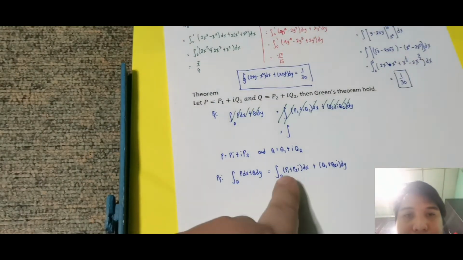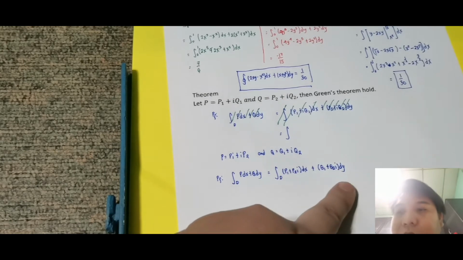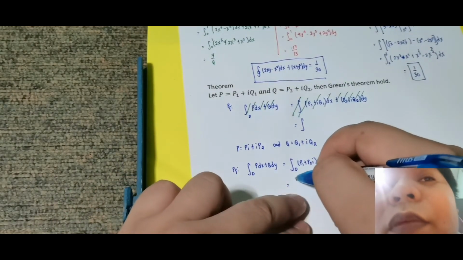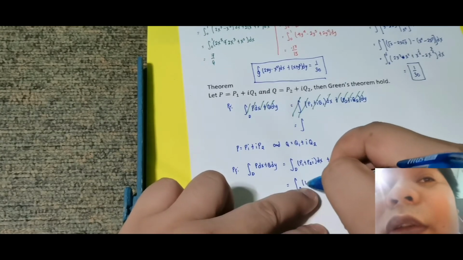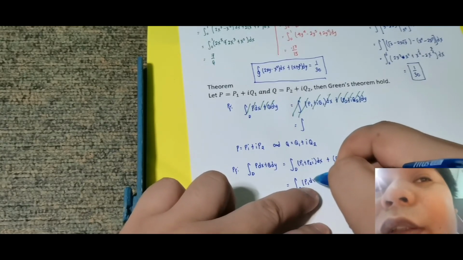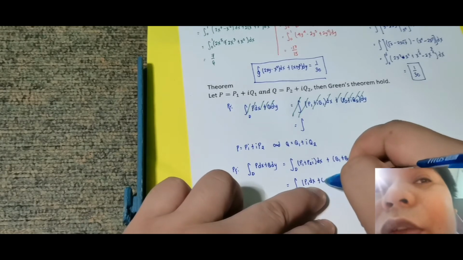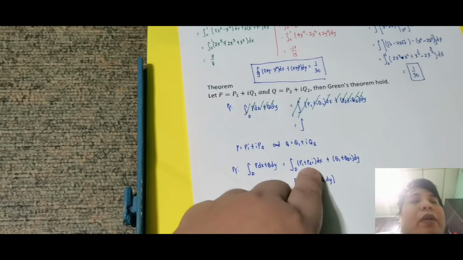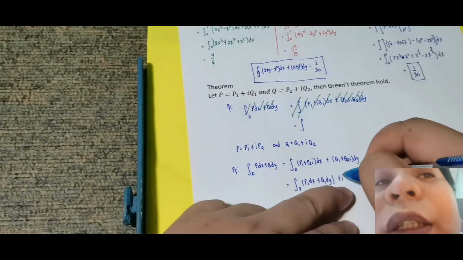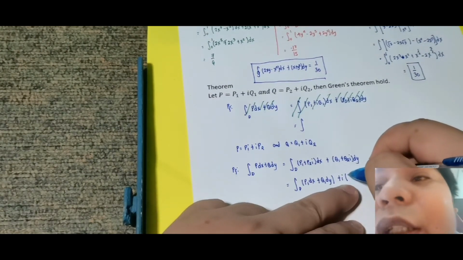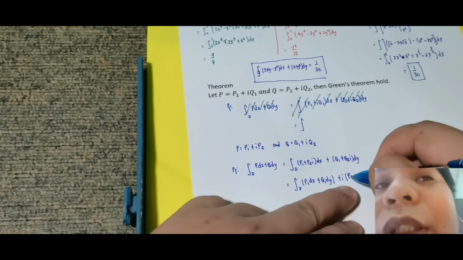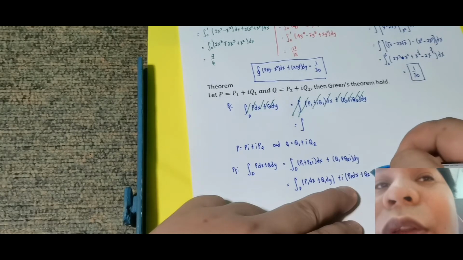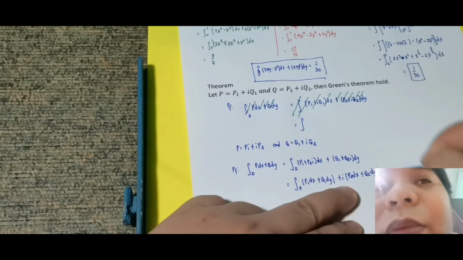Okay, so a-arrange ko lang siya konti. Ang gagawin ko, kunin ko lahat ng may P1 dx tapos Q dy. Main yung makukuha una. So this is equal sa integral along D nung P sub 1 dx plus Q sub 1 dy mula doon. Okay, then plus ito yung merong i, then lagay ko si P sub 2. This is P sub 2 dx plus Q sub 2 dy, kasi sila naman yung may i.